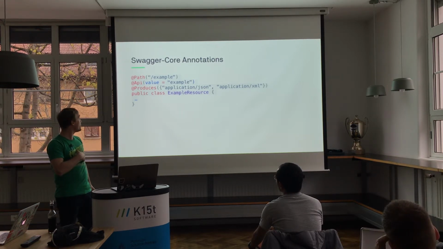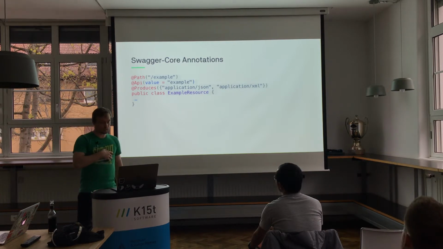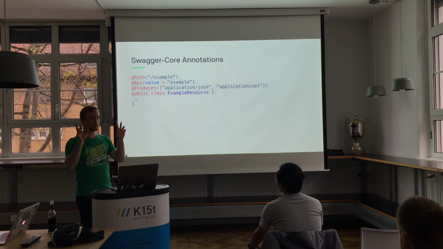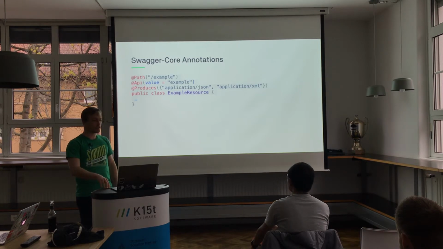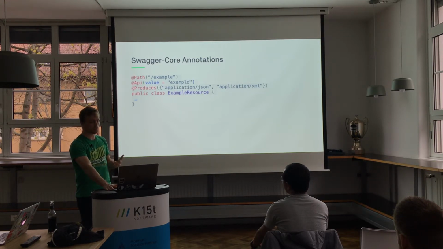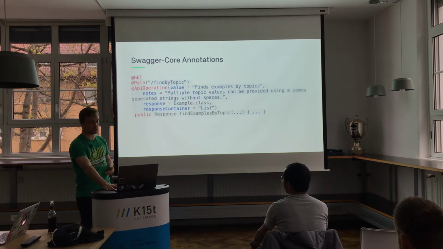The Api annotation with the value example basically tags that API. You will see later on what this means. And our resource produces application/json and xml. You can override those values on the operation level later on.